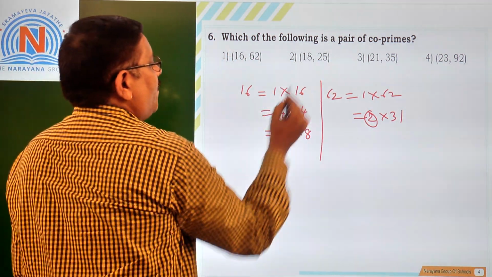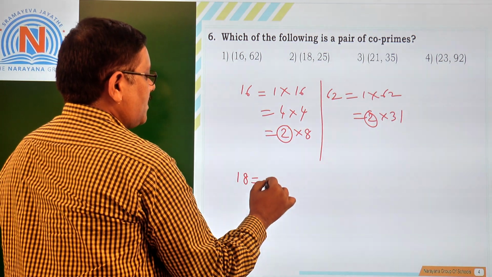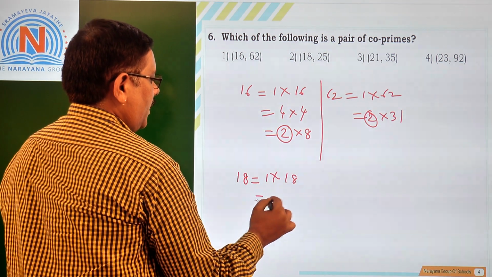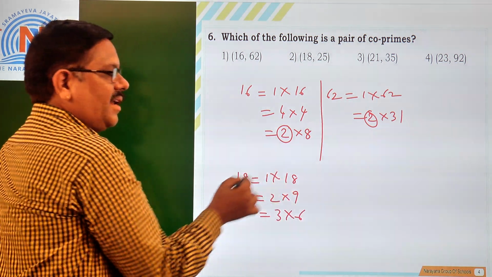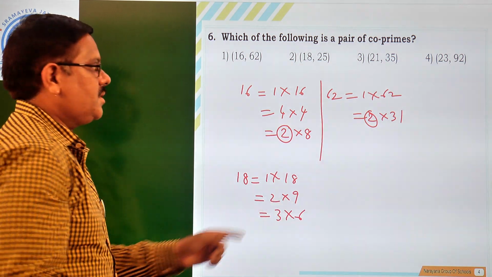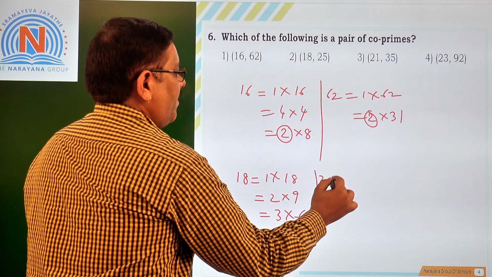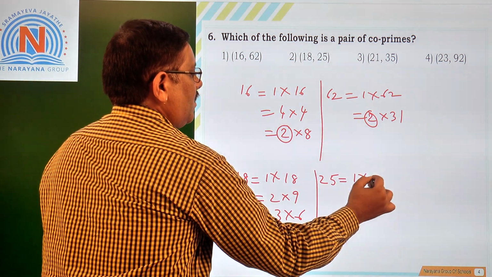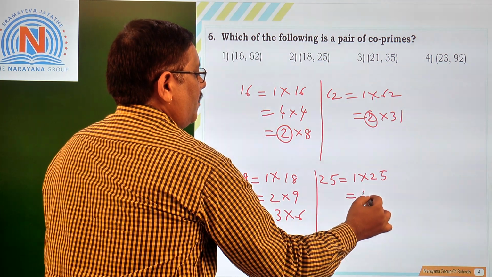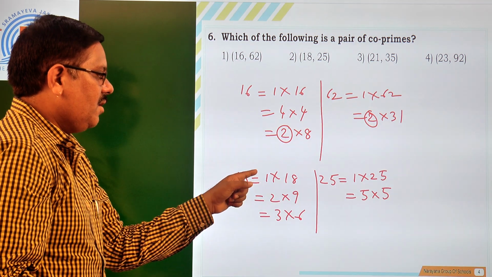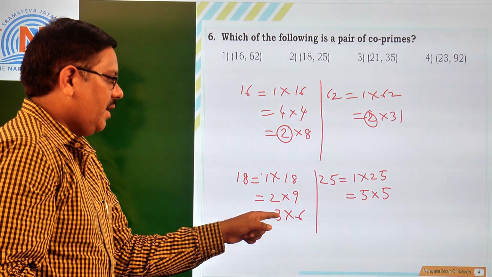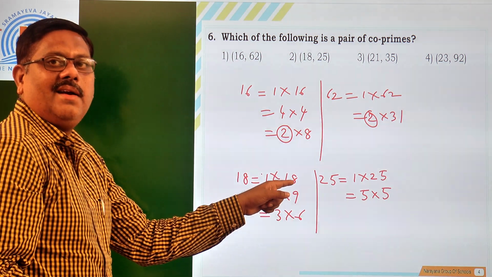Now we look at 18 and 25. 18 we can write as 1 into 18, 2 into 9, 3 into 6. Whereas 25, we can write as 1 into 25, and 5 into 5. The factors of 18 are 1, 2, 3, 6, 9 and 18.